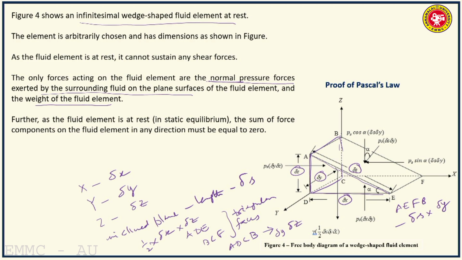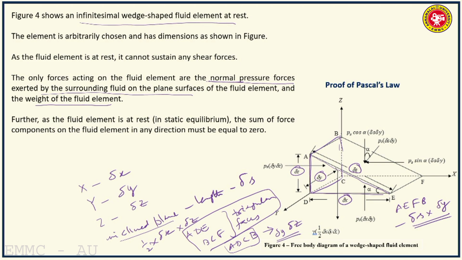So 2 triangular faces ADE and BCF, then a rectangular face ADCB of area delta y delta z, then the inclined plane along the length delta s, of area delta s by delta y, that is AEFB. So 4 faces it has got.